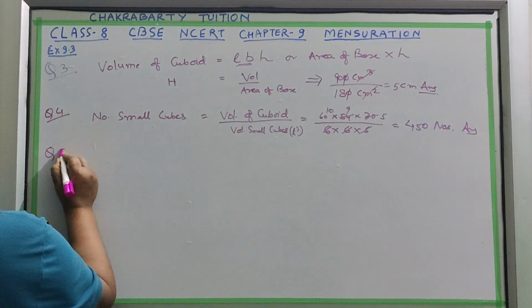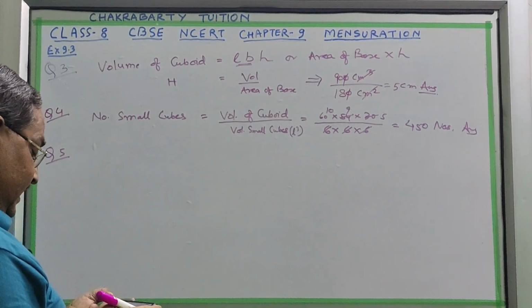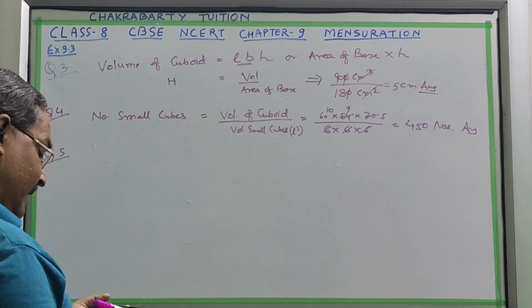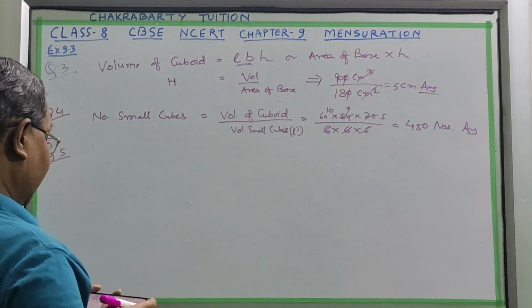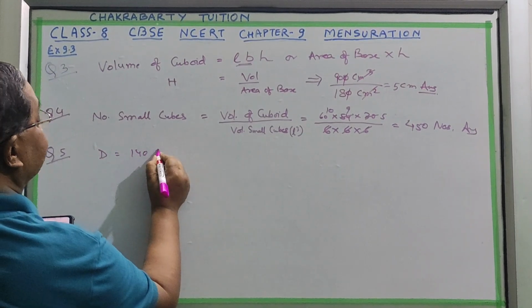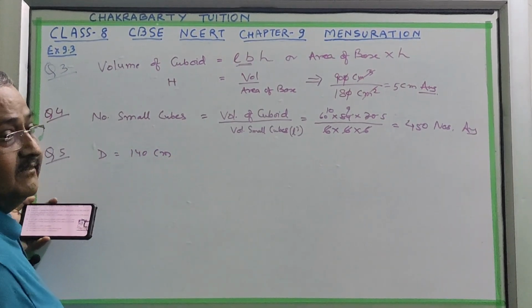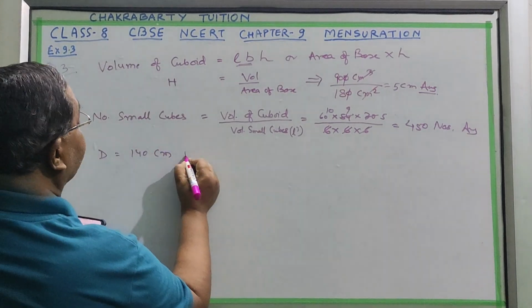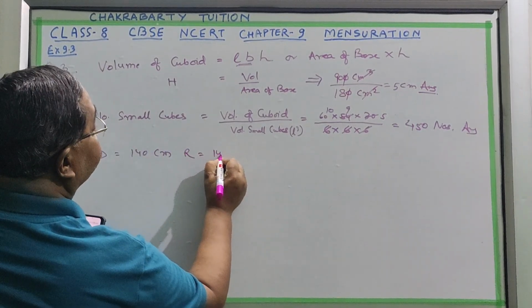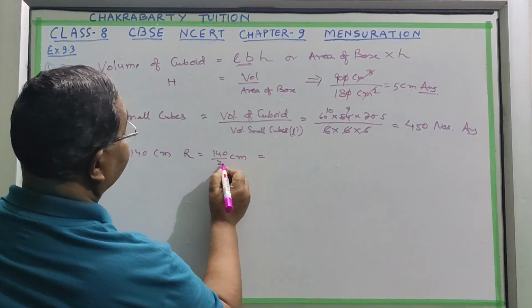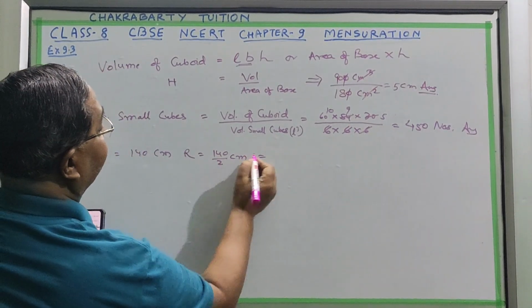Question number 5. Find the height of a cylinder whose volume is 1.54 meter cube and diameter of the base is 140 cm. But the volume is given in meters, so we have to convert it into meters also. So radius will be 140 upon 2 cm. To convert it to meters, we divide by 100.